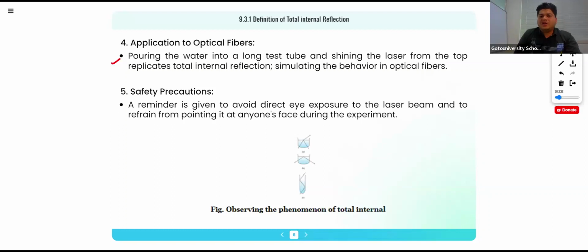Pouring the water into a long test tube and shining the laser from the top replicates total internal reflection, simulating the behavior in an optical fiber. Keep a safety precaution: avoid direct eye exposure to the laser beam and refrain from pointing it at anyone's face during the experiment.